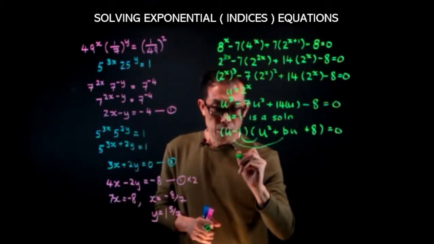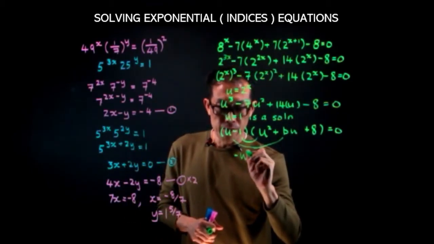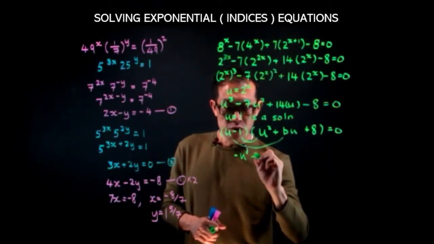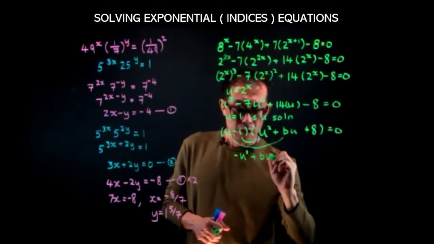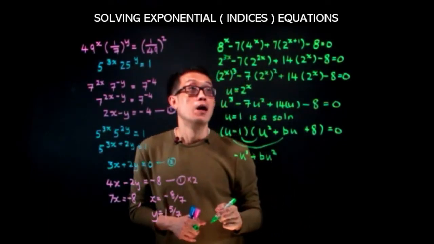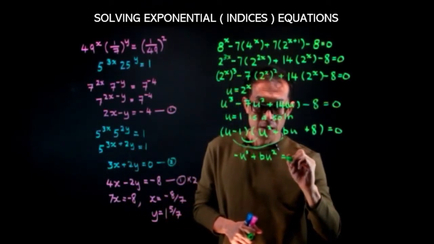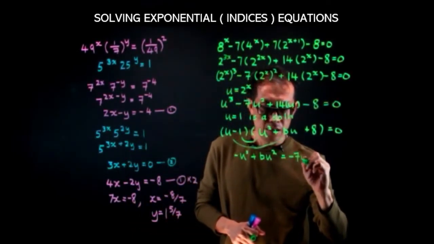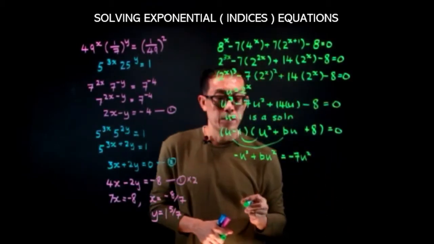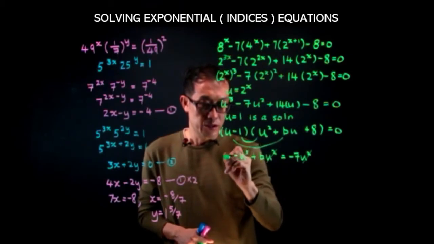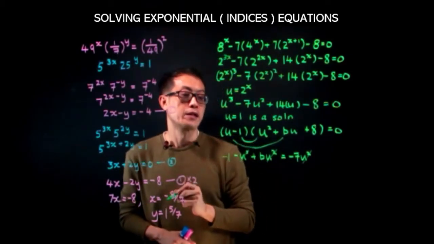So you got minus u squared, and then here you got plus bu squared. You have this part is minus 7 u squared. Okay, all the u squared you can cancel, so this one you are left with minus 1.